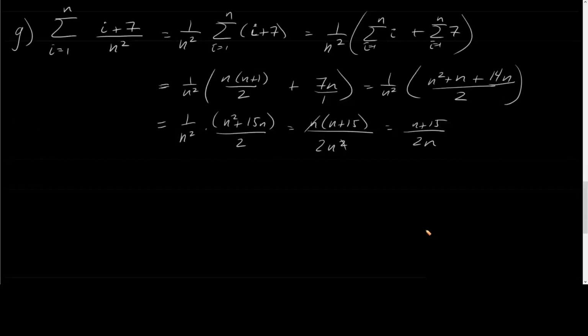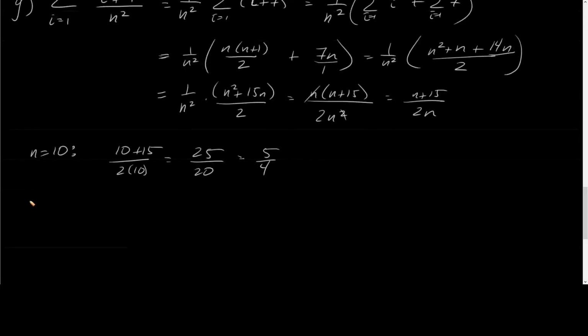let's see what we would get if we had different values of n up here, right? So for example, if I had n being equal to 10, what would this become? Well, I end up with (10 plus 15) over 2 times 10, giving me, well, 10 plus 15 is 25, 2 times 10 is 20. These are both divisible by 5, so I end up with 5 quarters. All right, cool.